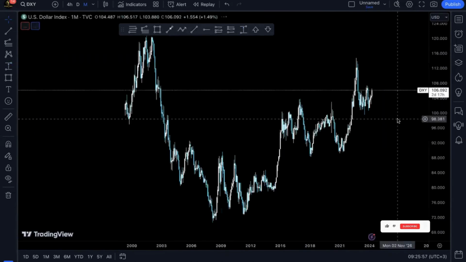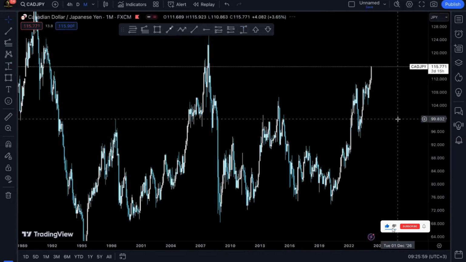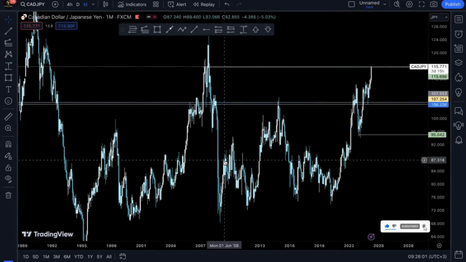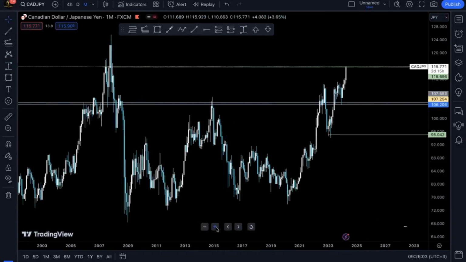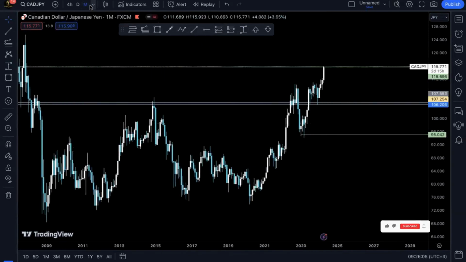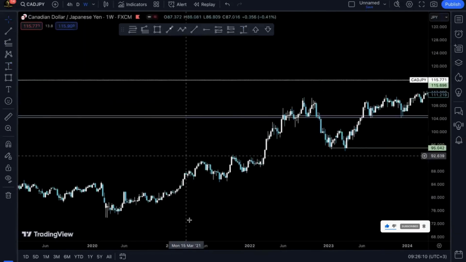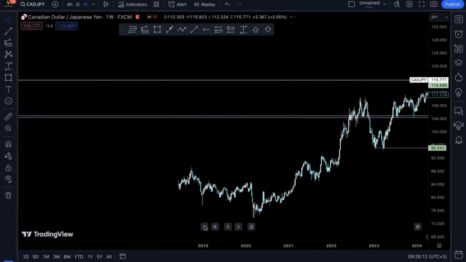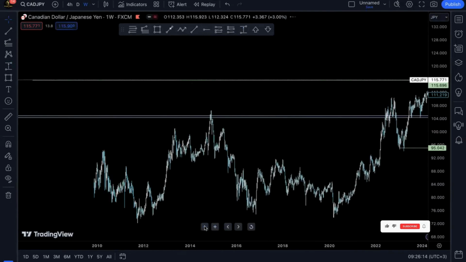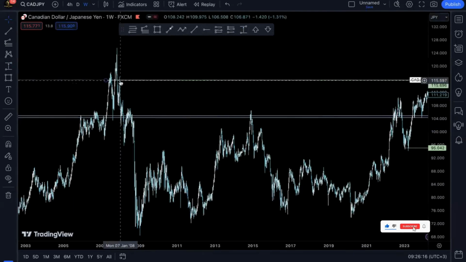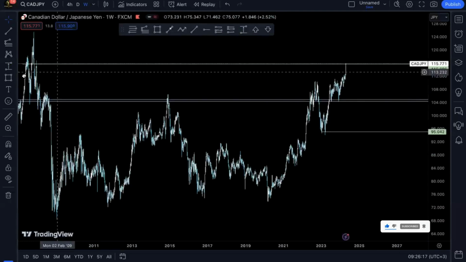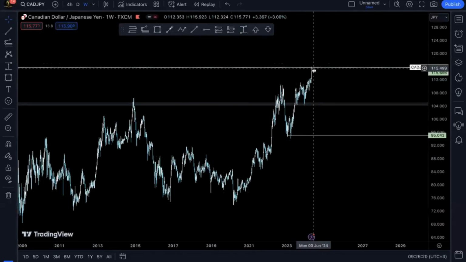On other pairs such as CAD JPY, also, you can see prices are on a resistance structure, where prices are at right now.